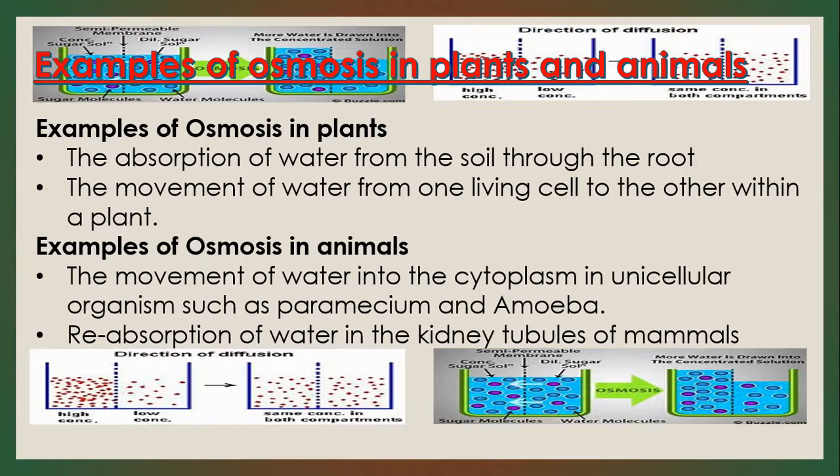Some is reabsorbed into the blood for our use, and it is done in the kidney tubules, or tiny tubes in the kidney. So the reabsorption of water in the kidney tubules of mammals is by osmosis. So again, we identify two examples of osmosis in animals, in addition to two examples of osmosis in plants.